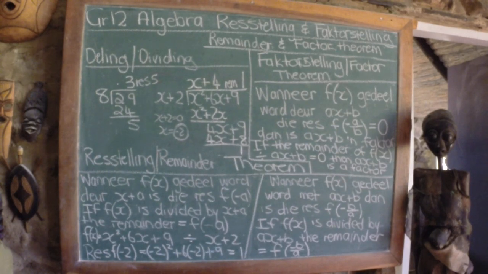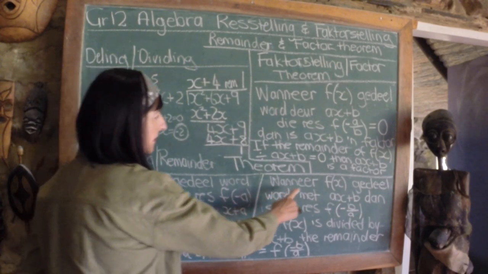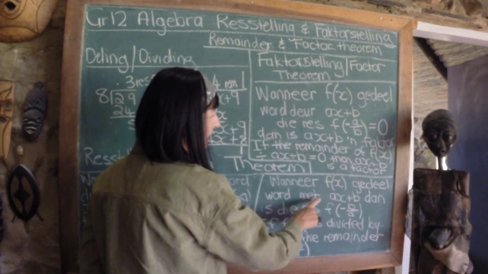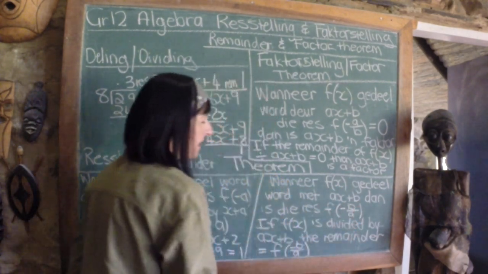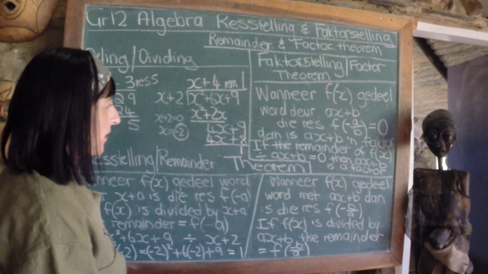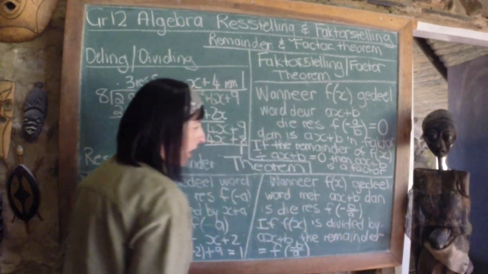Dit is ons resstelling. So dit beteken, as ons gedeelte net 'n bietjie groter maak en ons gaan sê, wanneer ons fx dan deel met ax plus b, as jy ax plus b gelyk stel aan 0, dan kry jy ax is gelyk aan minus b op a.